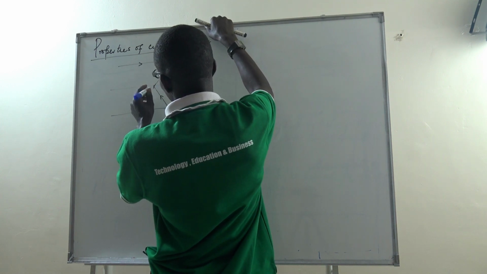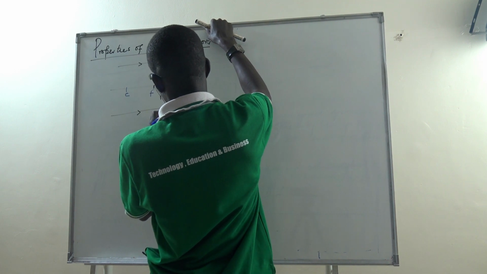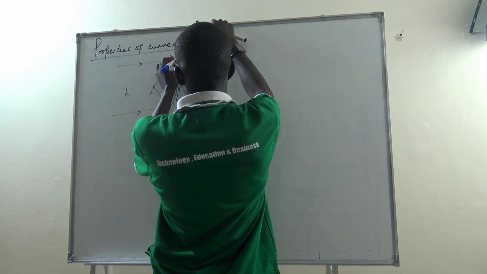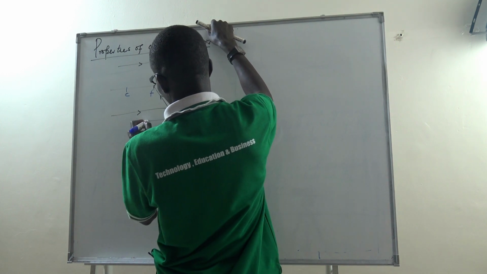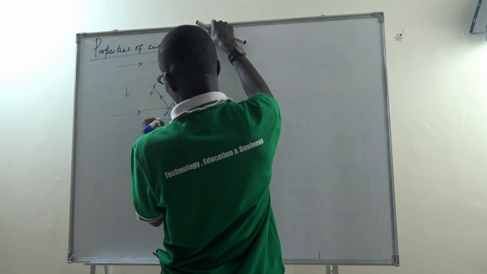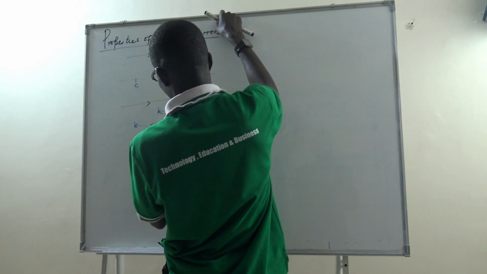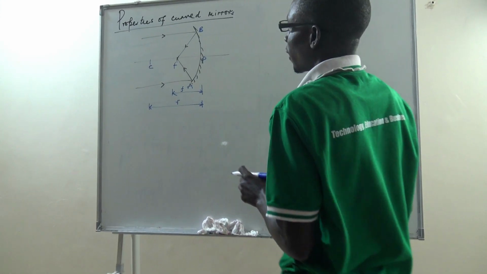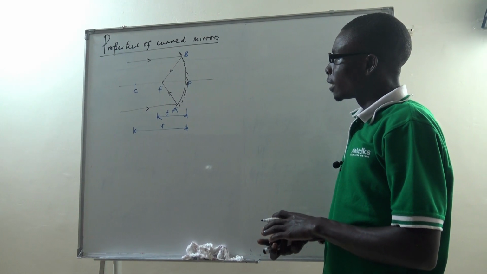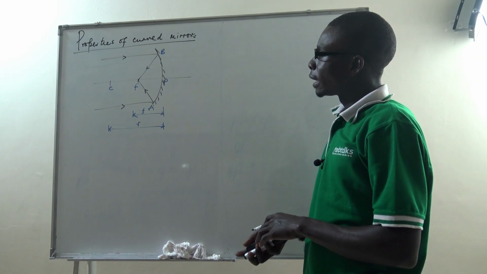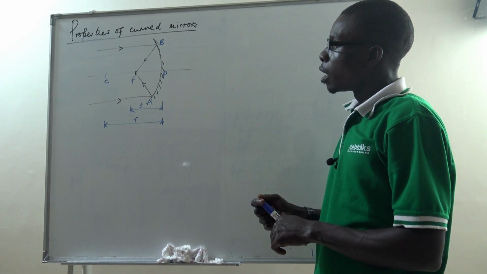I can now call this one F. I can have a point here, call it C. This is A, P, B. And I can call this one here R. Is that okay? So we can use that simple drawing of ours to try defining some simple terms.